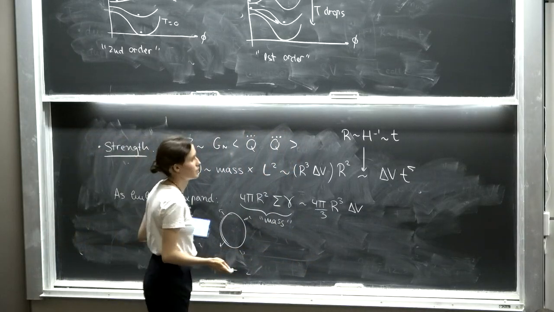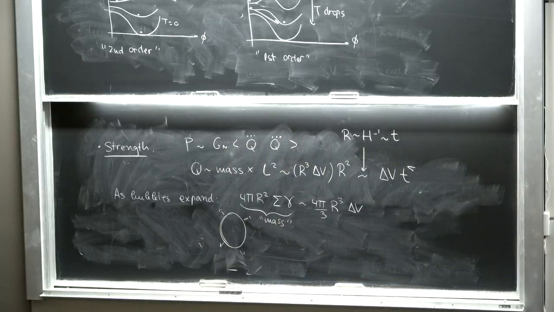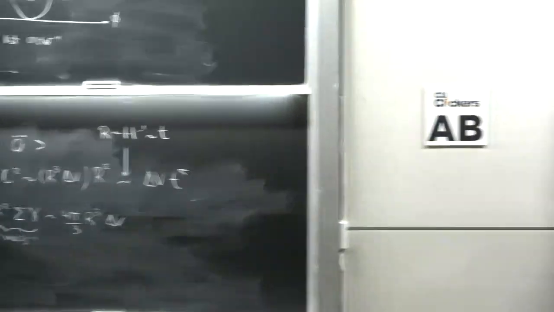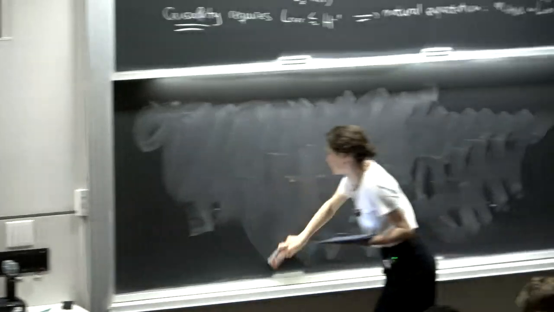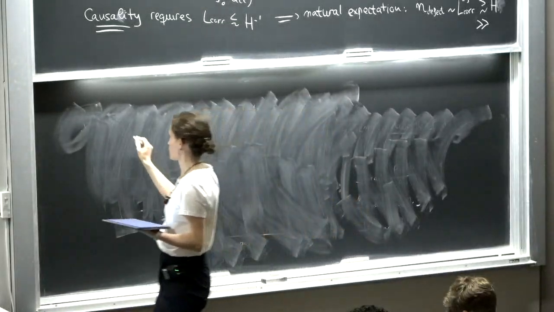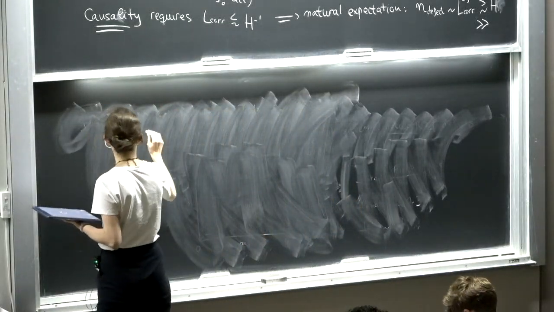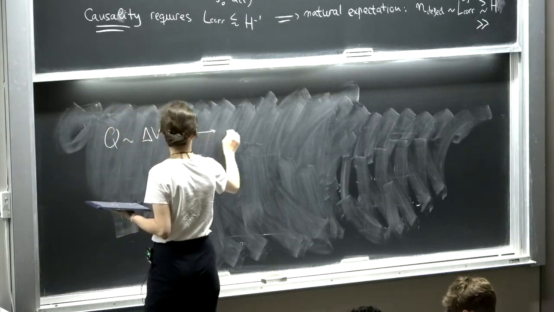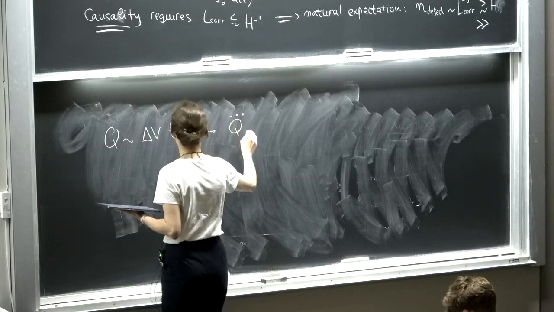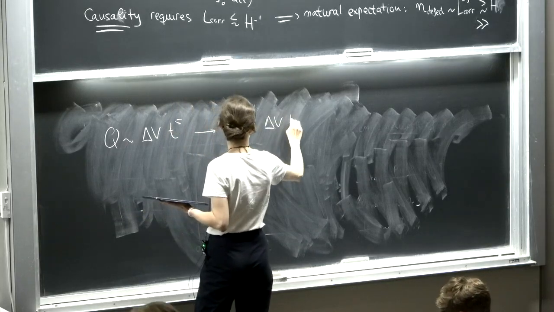So now, let me go back here. So we got some quadrupole moment that is like delta V t to the 5. If we take three derivatives, that's going to be roughly delta V t squared.